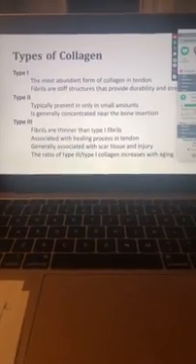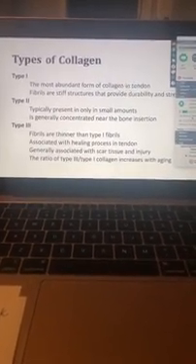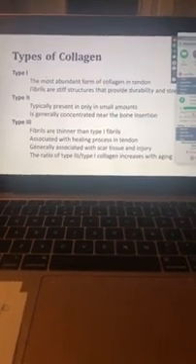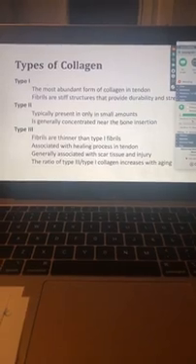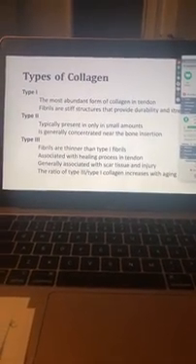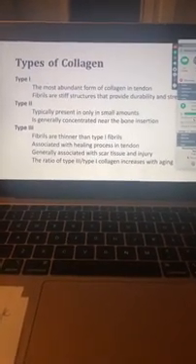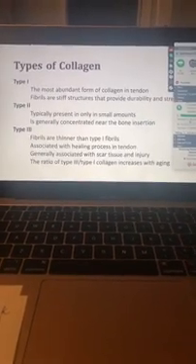This is what's initially laid down when you have an injury to the connective tissue or to the tendons. And that means that it's obviously associated with scar tissue. When you have a higher ratio or concentration of type 3 versus type 1, that tendon or connective tissue is quote unquote weaker or more susceptible to injury under load.